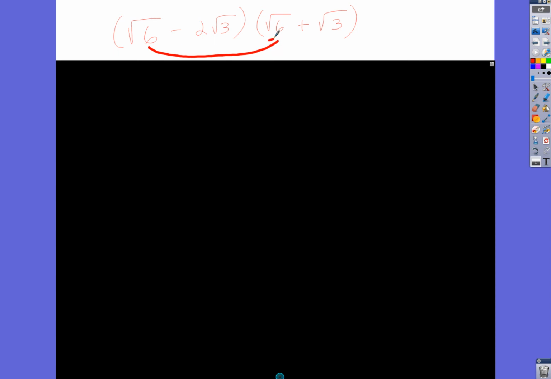If I foil, the first thing I'm multiplying is square root of 6 times square root of 6. Gabby, what would you say? What's square root of 6 times square root of 6? Square root of what? Okay, you could say that. What would be a better thing to say? Radical 36. She said square root of 36.